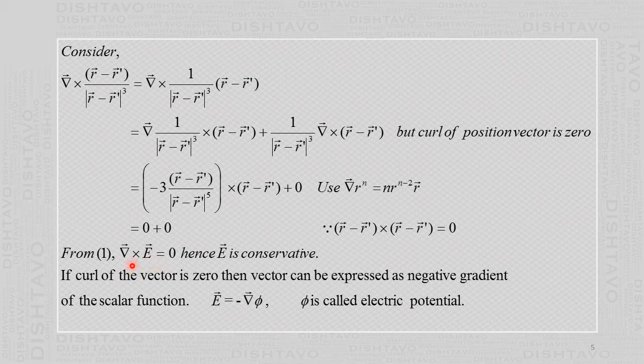And when we have shown that the curl of the vector e is 0, that means vector e is conservative. And if the curl of the vector is 0, then the vector can be expressed as a negative gradient of a scalar function. So we can write vector e as minus grad of some scalar function phi, and this phi is called the electric potential.